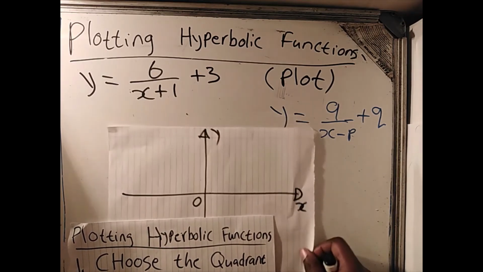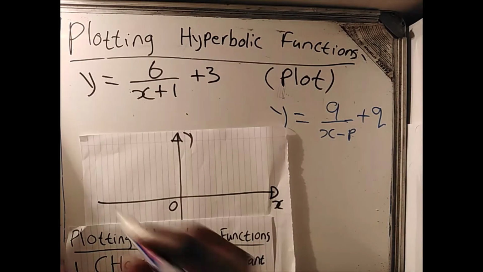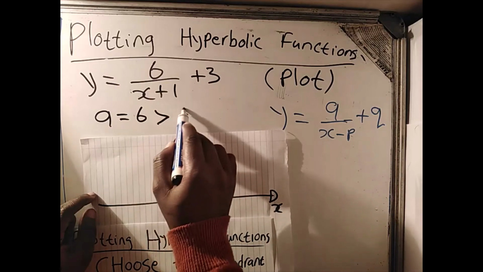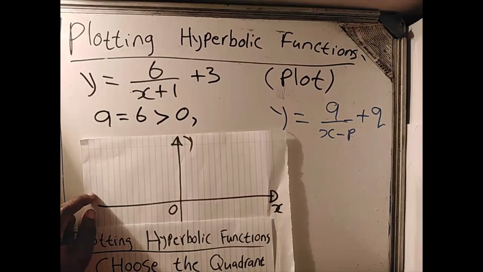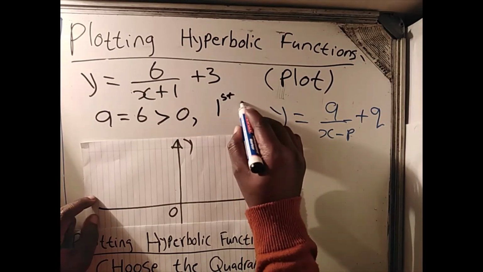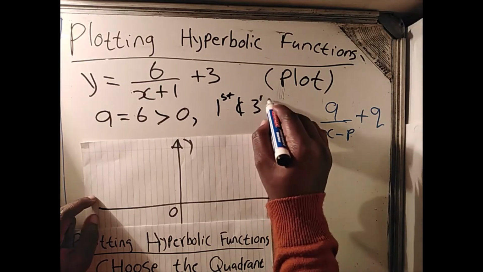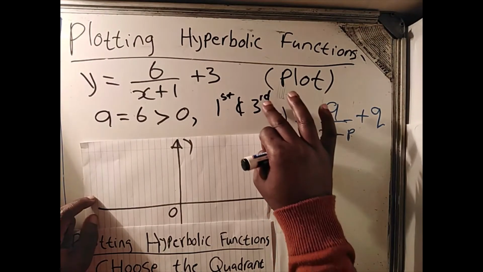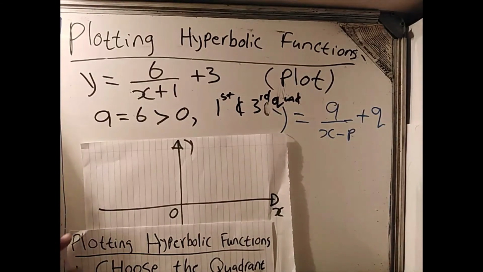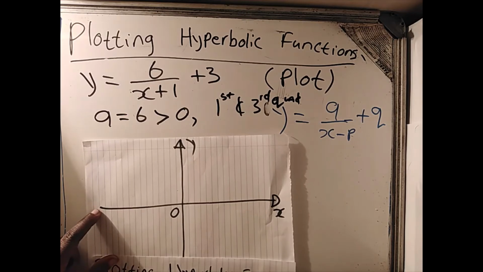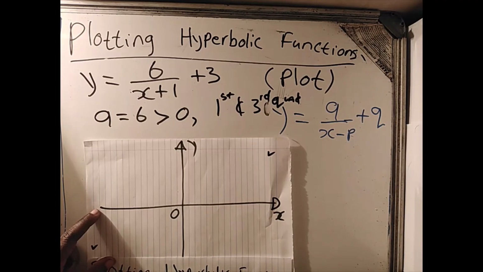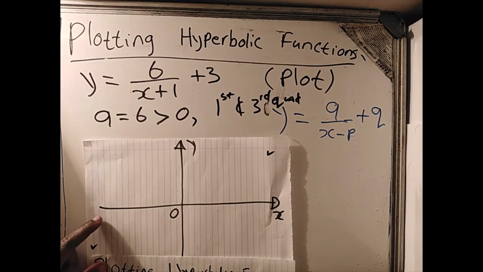The quadrant. Our a is equal to 6, which is positive. That means our graph is in the first and third quadrant. So whatever our graph will be, it's going to be here and here. We are done with the first step.